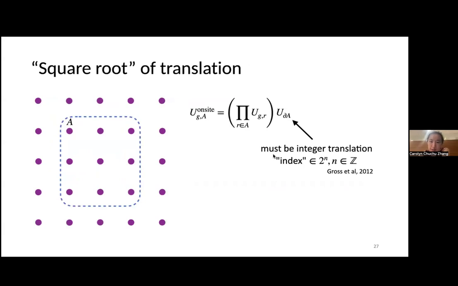Why does U_G to the fourth power being equal to translation squared indicate non-onsitability? Well, let's consider the case where you just have an on-site symmetry.